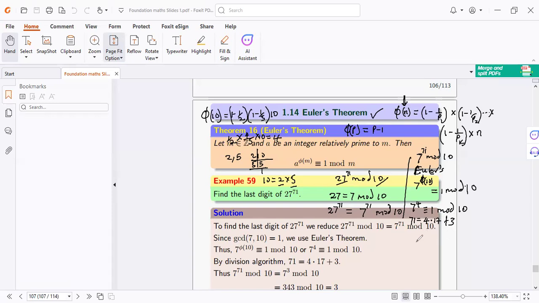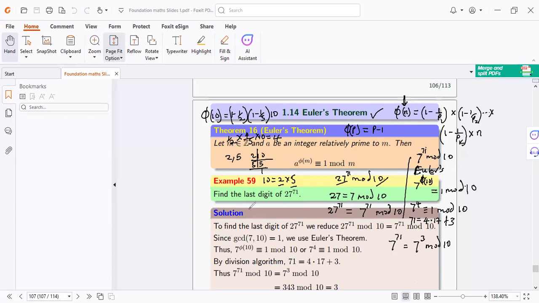Yesterday, we noted that after writing it using the division algorithm, 7 raised to 71 is the same as 7 raised to the remainder, which is 3, mod 10, because the other part will give us 1.